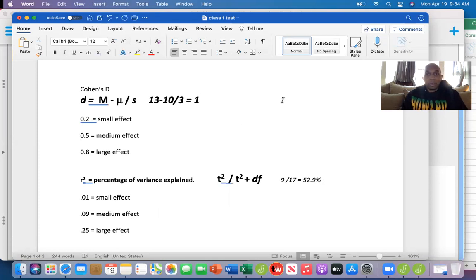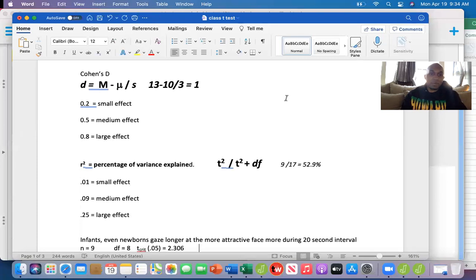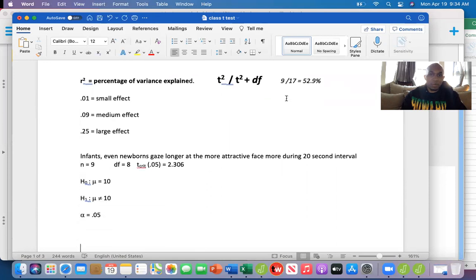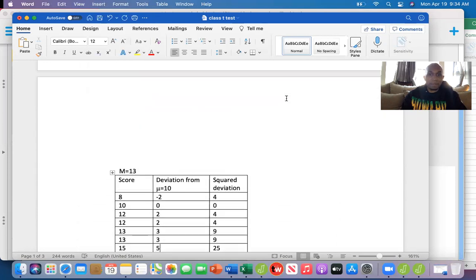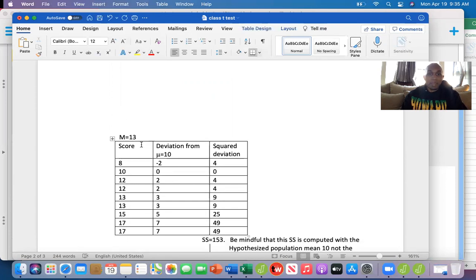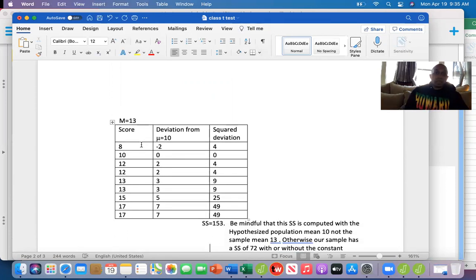Okay, I also wanted to give you all a view of what I consider the more definitional formula of the percentage of variance explained. So you can see just where the numbers are coming from exactly. All right, so I stated that you would take the sample scores and from each score, we're going to subtract the population mean, or the hypothesized population mean.